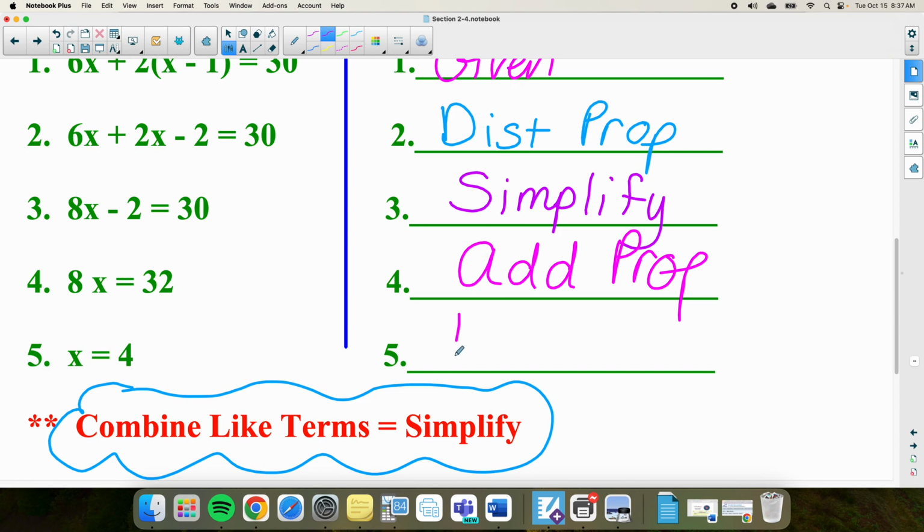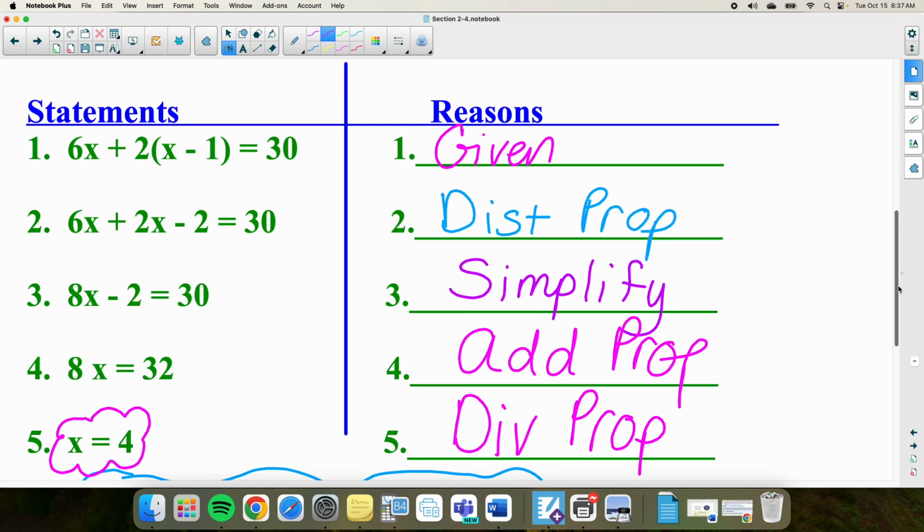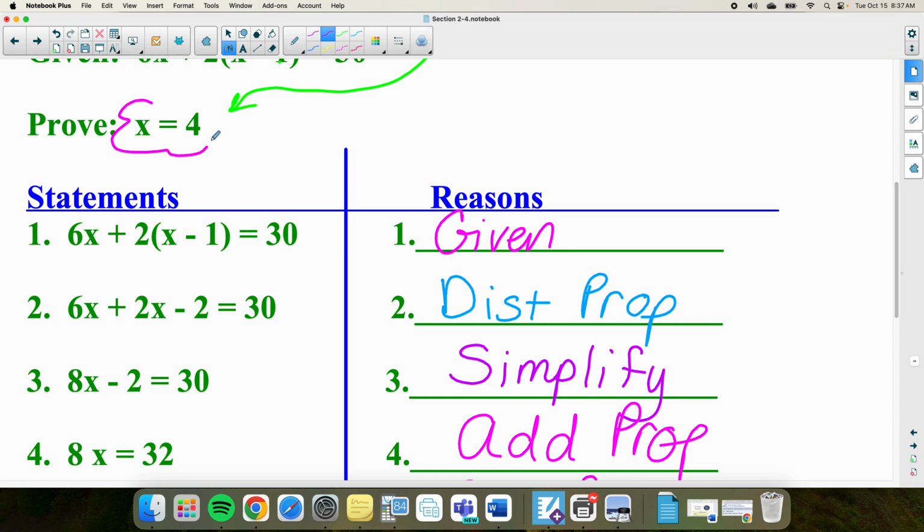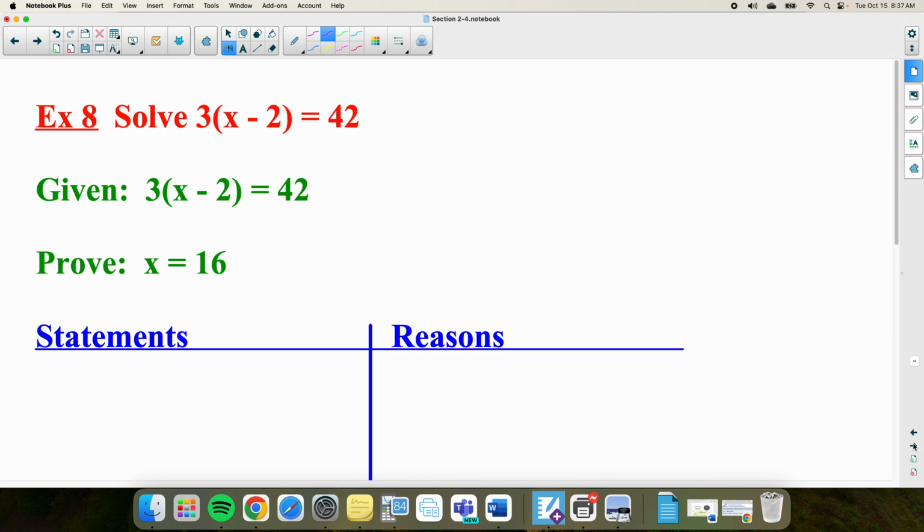Divide. So division prop. Okay, and again, if you were doing this one by yourself, make sure that you get the answer that is in the proof up here. If you didn't, then that means you did something wrong. Okay, and you should go back and look at your algebra.